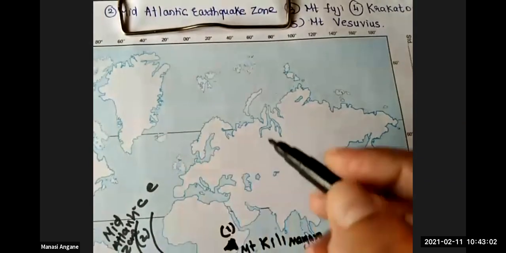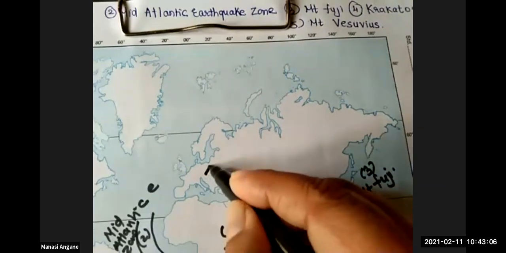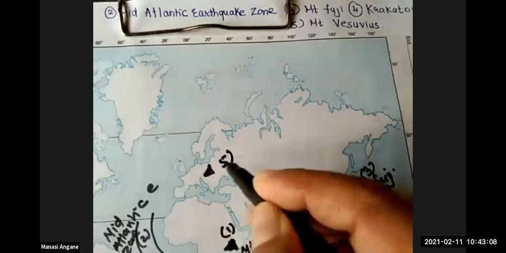And Vesuvius again. And here is Mount Vesuvius. This is the fifth one.